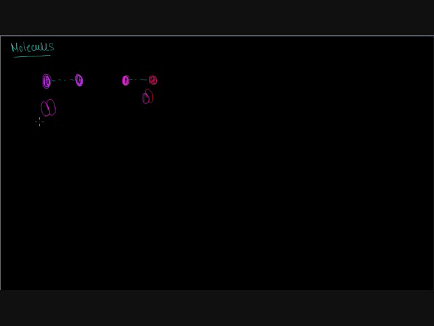So here we have two atoms that are the same, being covalently bonded, and that is called a homonuclear. And since there's two of them, we call it a diatomic molecule. And in this case, since we have two different atoms, we call this a heteronuclear diatomic molecule.